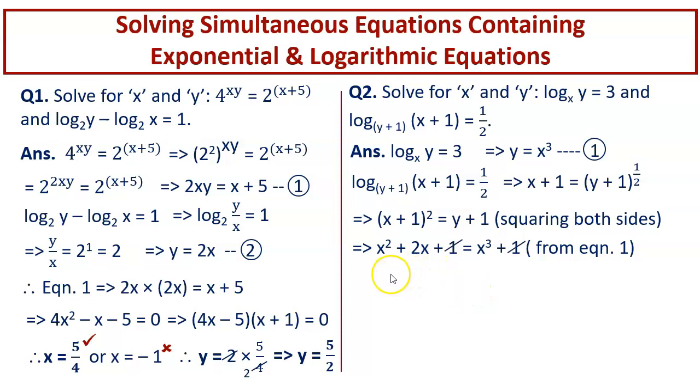And we may add negative x squared and negative 2x to both the sides. So we will have x to the power of 3 minus x to the power of 2 minus 2x equal to 0. We do not know how to solve a cubic equation, but what we are seeing is that we have the common factor x in all the three terms.